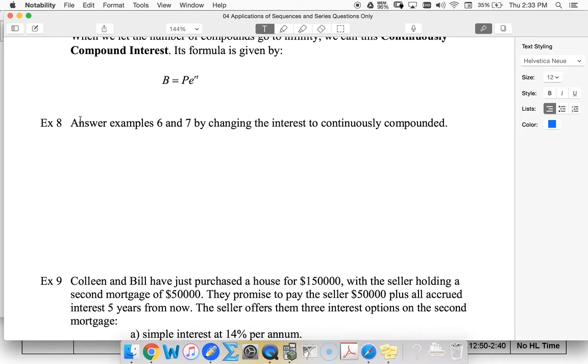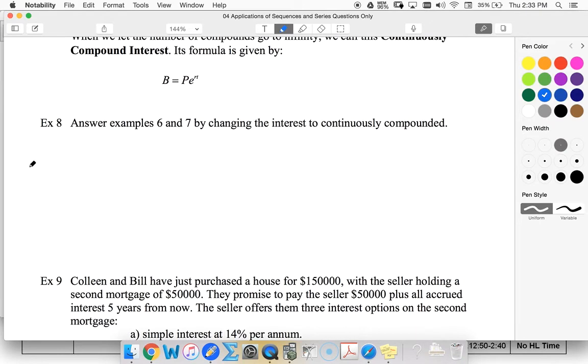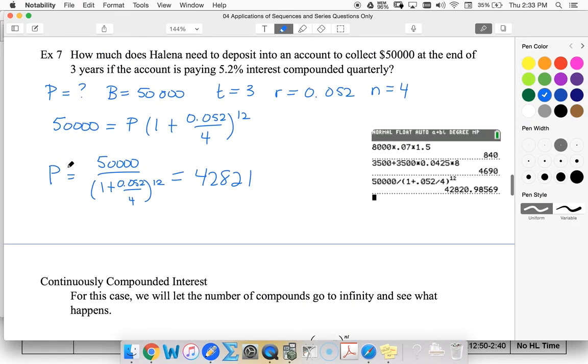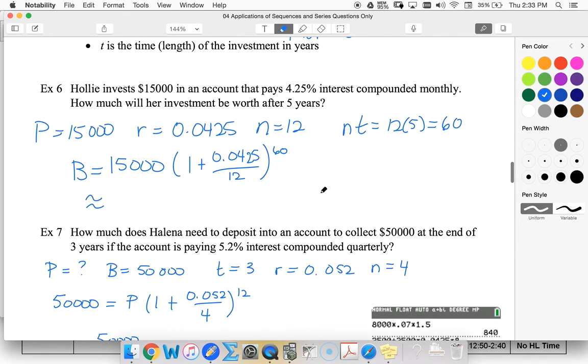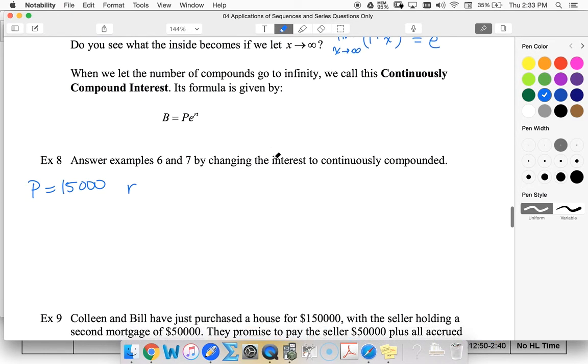So we had 15,000 as our principal. We had an interest rate of 4.25%, and our total number of years was 5.